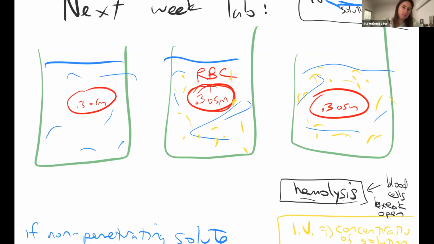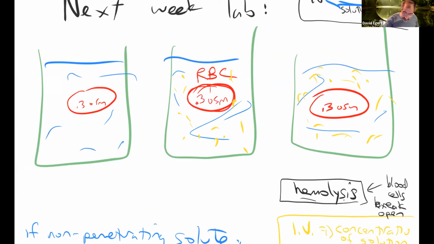Salt? The salts. Salts are non-penetrating. We talked about how they have that snowball that shows up around them. So unless you have a channel, ion does not cross. So salts are non-penetrating. So this would be like sugar or salt or something like that.